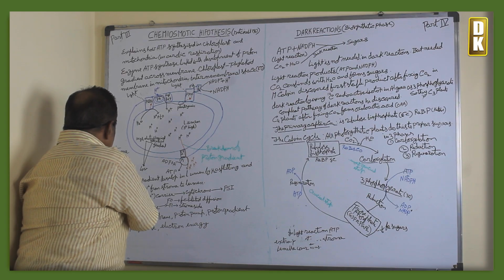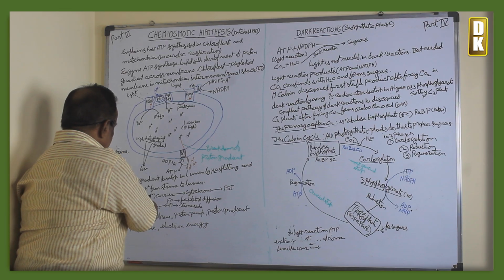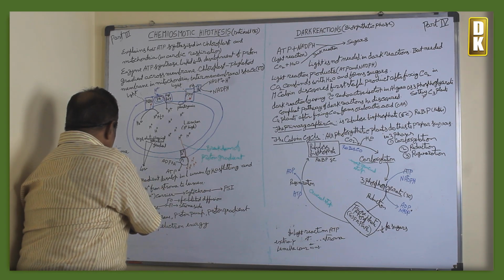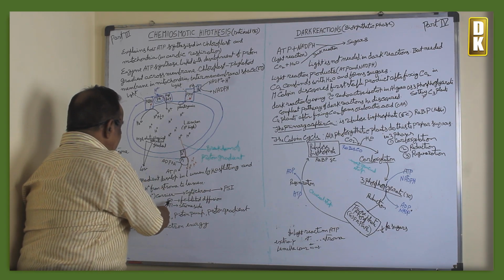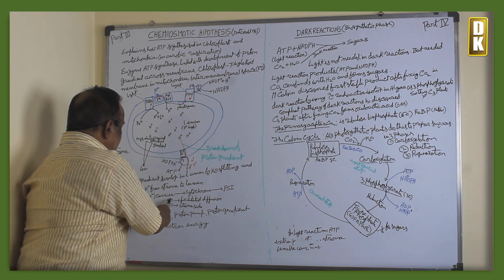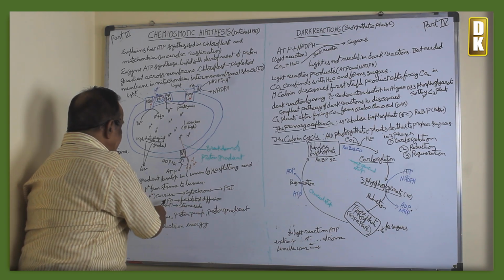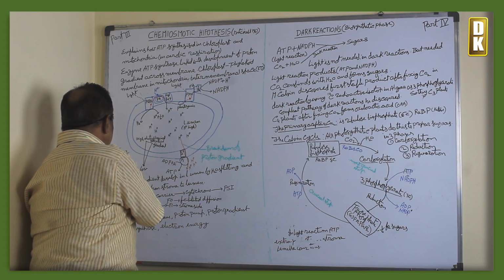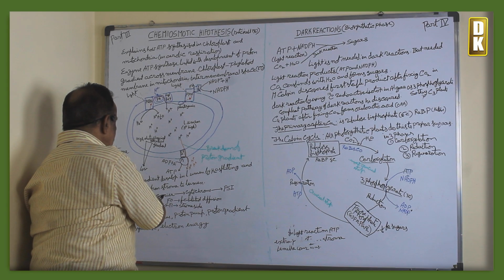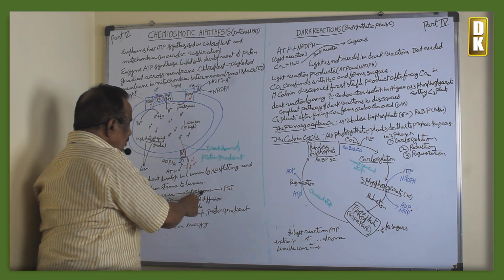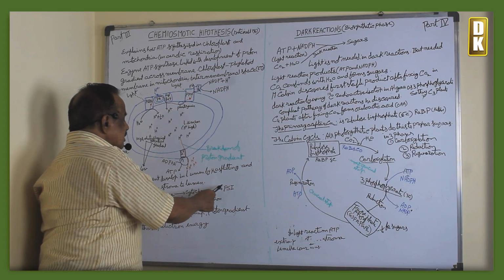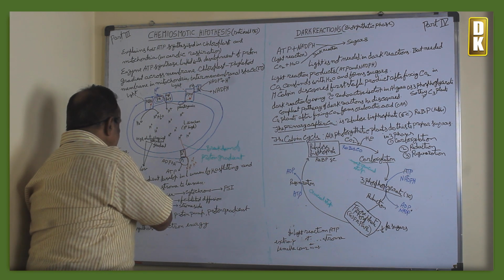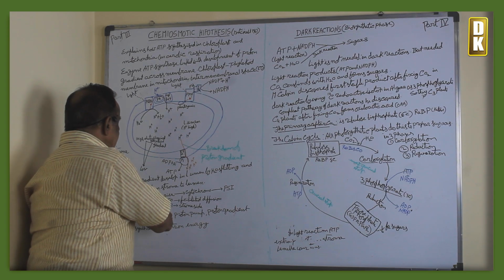The electron goes from the primary electron acceptor to plastoquinone, which also carries one proton, then to the cytochrome, and through the cytochrome it reaches photosystem 1. ATP synthase has F0 and F1 particles.